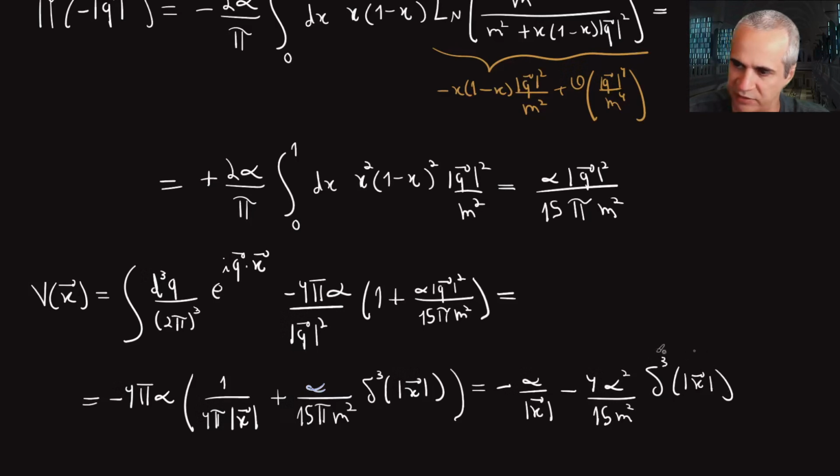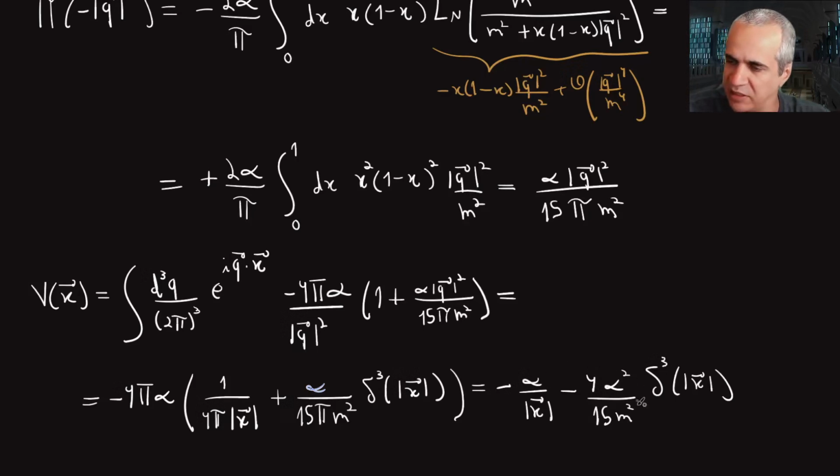Of course, this Dirac delta is just because I'm doing a very rough approximation, right? The wavelength of the photon I'm considering is so big that it sees this correction as happening only at one point, with no size. But that's an artifact of my approximation, right?